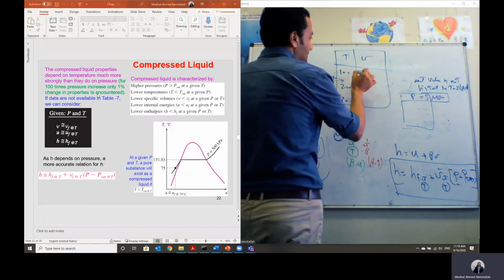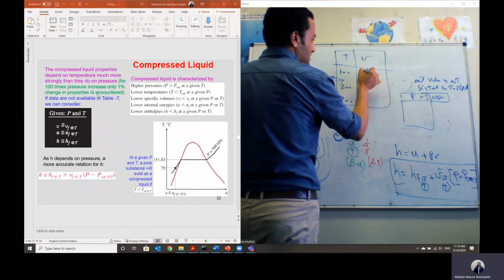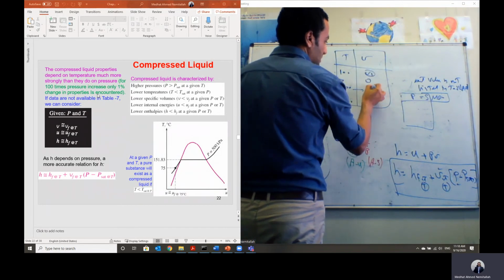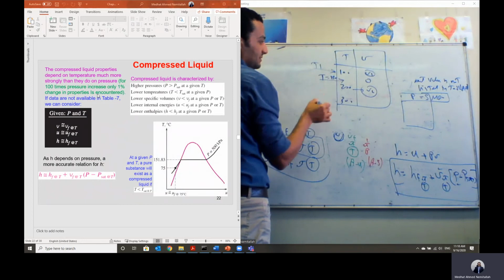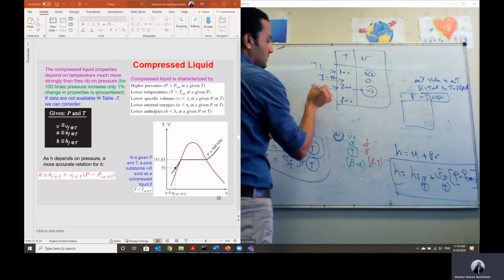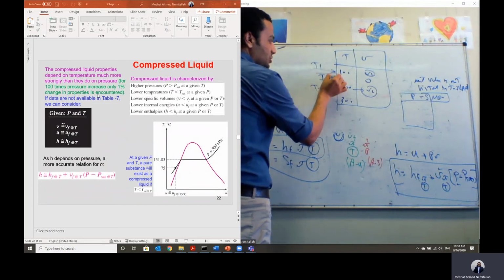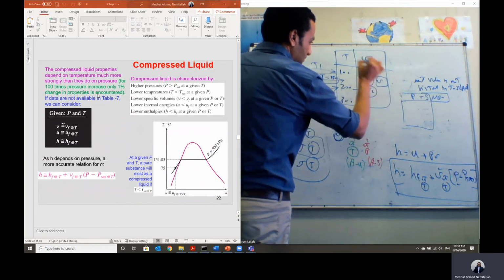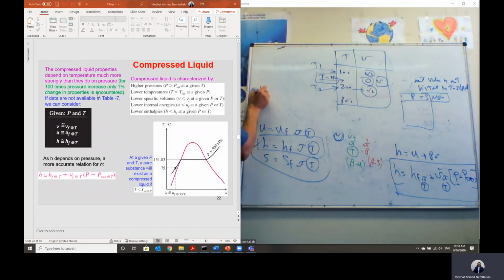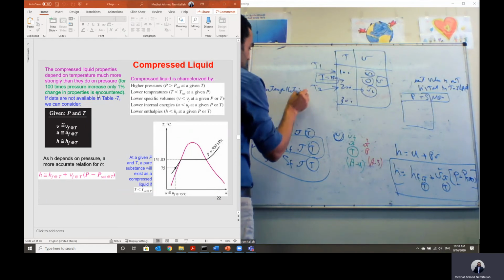Okay? So let's say at temperature 100, we have a specific volume V1. At 200, we have specific volume V2. Let's say this 100 is T1 and this 200 is T2. And for the temperature T in between, I need to calculate the value of the specific volume V. Then we can make an interpolation.